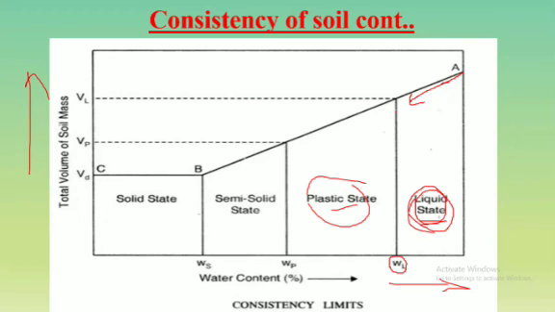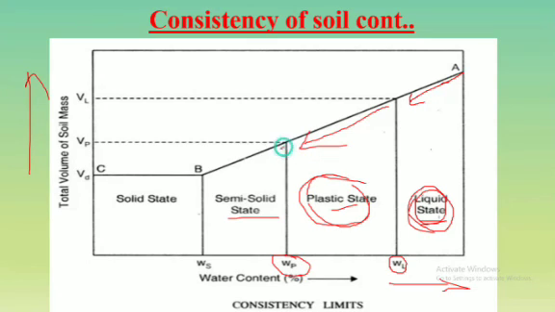Now again the evaporation of water continues, so the volume of soil is decreasing. After some limit of water content, the soil is again transformed from the plastic state to the semi-solid state, and that water content is the plastic limit.